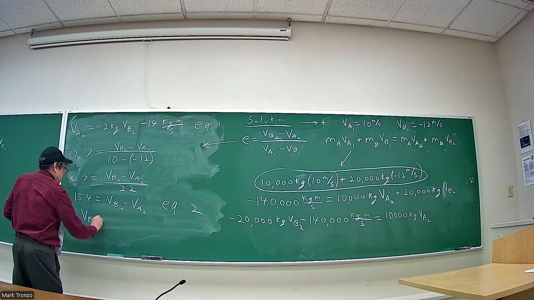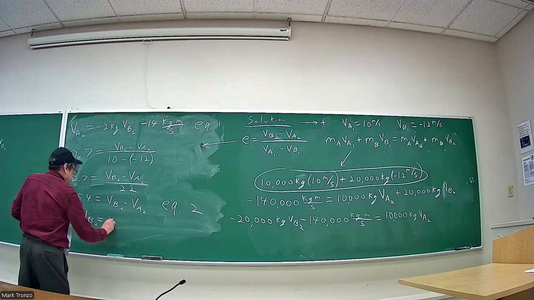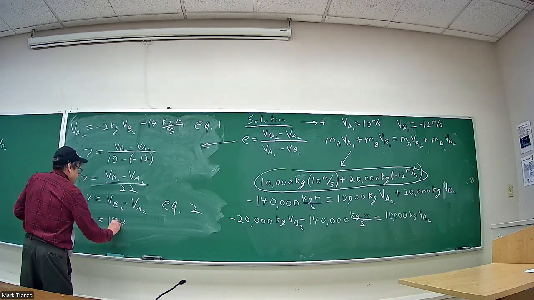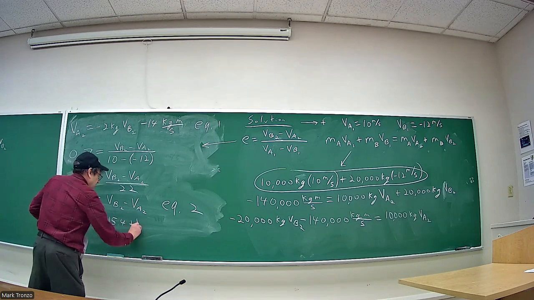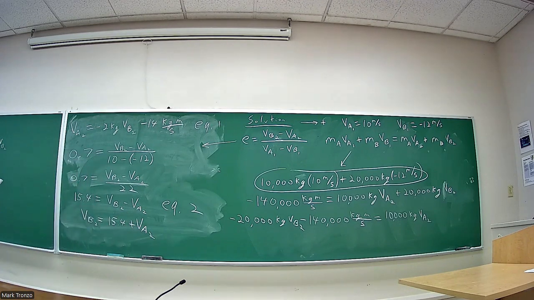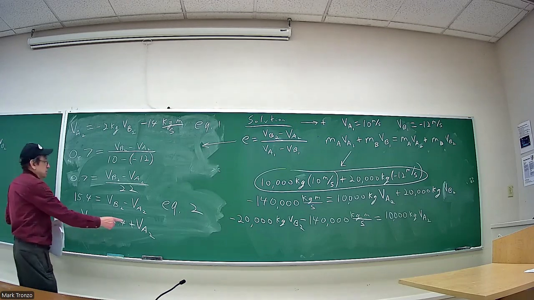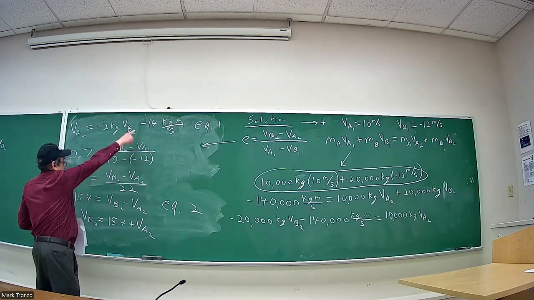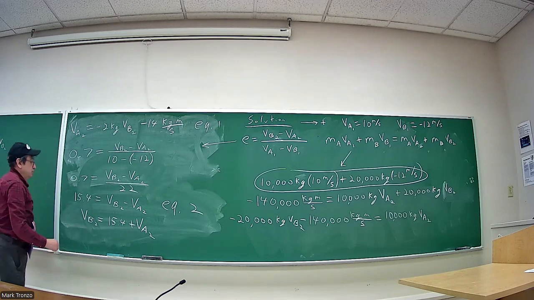VB2 is going to be 15.4 plus VA2 would be one way that we could do this. And then you can substitute this back into equation 1.